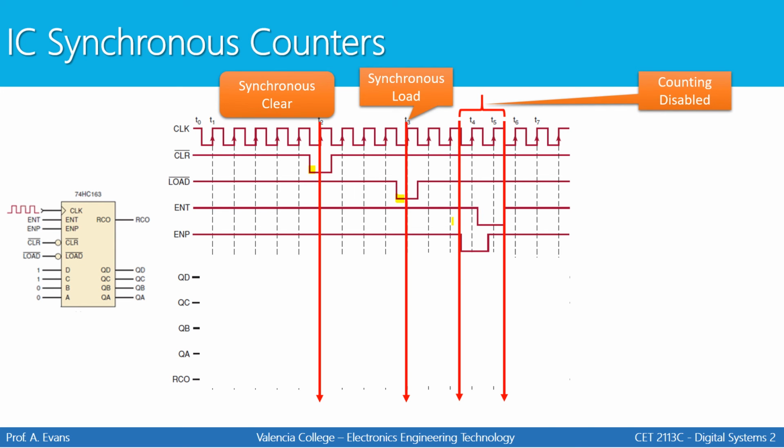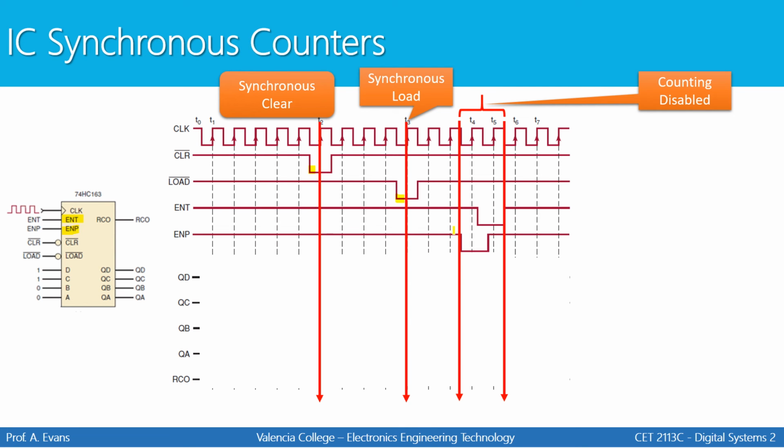Also notice that you have two active high enable inputs on this chip. Both of these have to be high in order for the chip to count and have an output. Notice that ENP goes low at a certain point and then ENT goes low at a certain point. And basically in between these 2 points, counting is disabled because one of those is low.